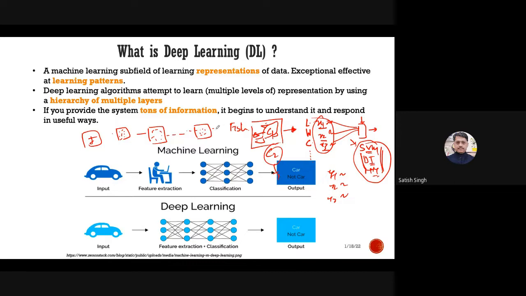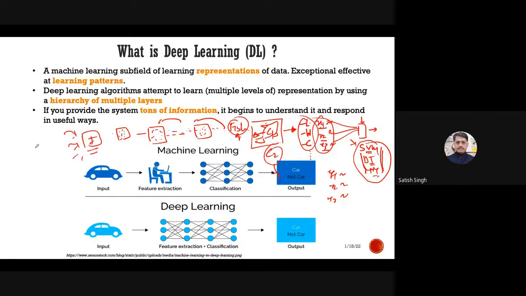Since this is labeled, depending upon this feature a decision will be made, error will be calculated and back propagated, and whatever weights are in between will be optimized again. One by one the data will be presented. Lower, middle, higher and highest level features will be generated automatically, and depending upon those features the model will learn itself. So there is no need to find out the length, weight, or color of the fish.